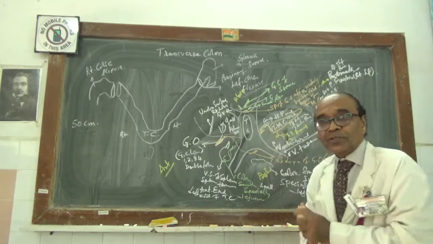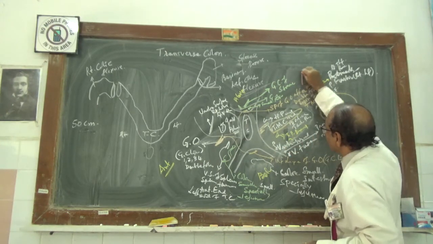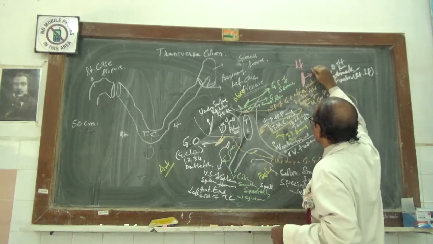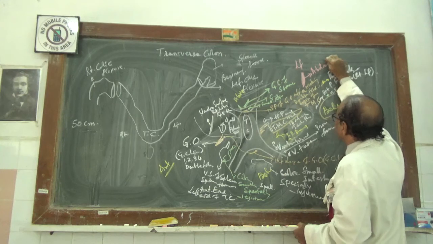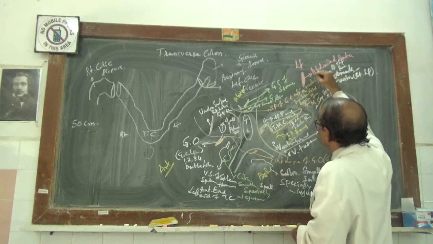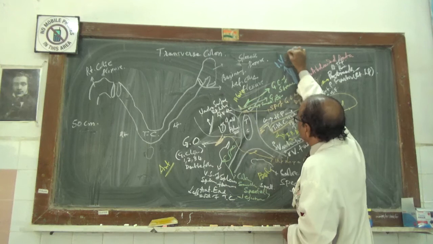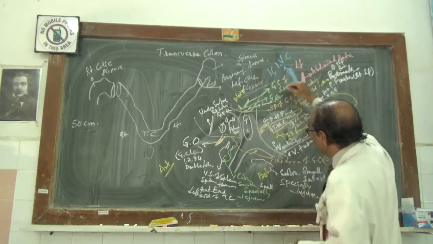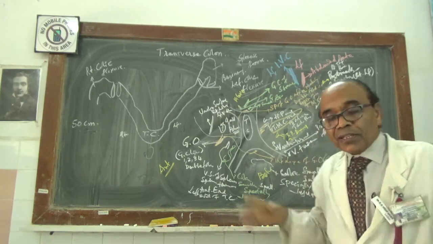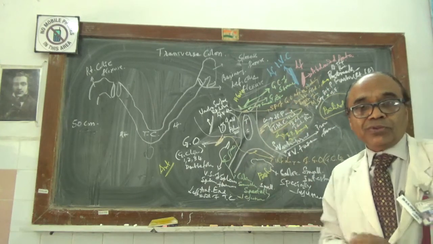That relation you have to add into this, from right to left. Apart from that, the main thing, on the left side, behind only, abdominal aorta. On the right side, you have got inferior vena cava, right side, behind only I am talking. So this will be the relation. I had forgotten to mention it at that particular point, so you have to have it.